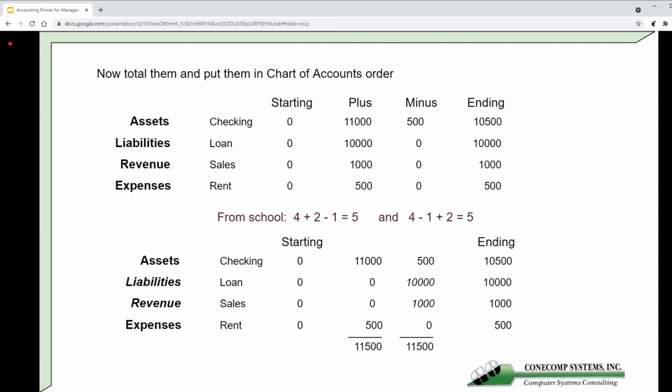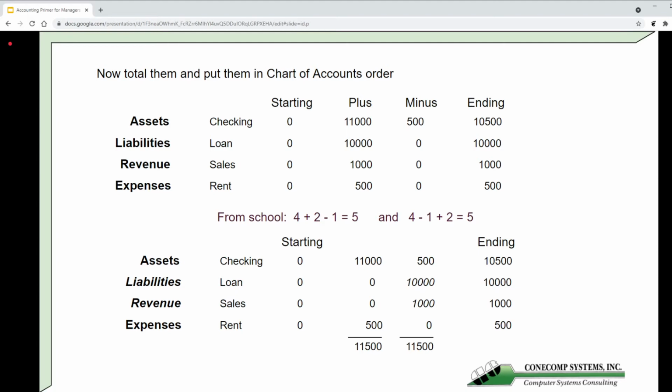Now, we did this after 3 days in our fictitious business, but it turns out this will be true no matter how you do it. If you do it after a month, if you do it after 3 months, a quarter, or a year, if you reverse the liabilities and the revenue, the columns 2 and 3 will always be equal.